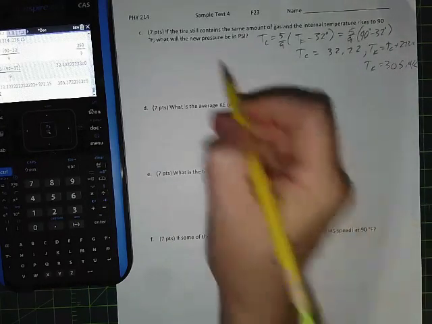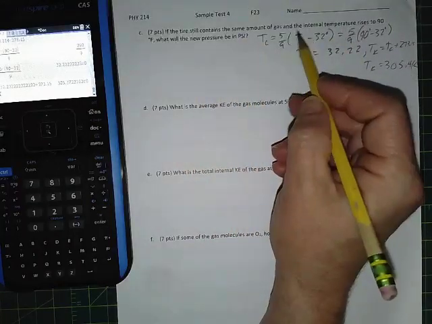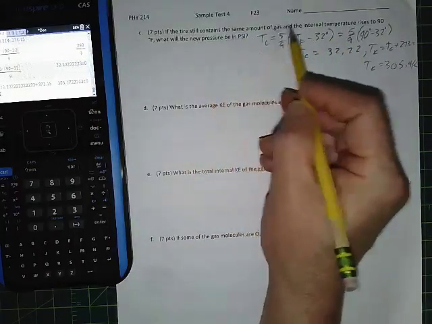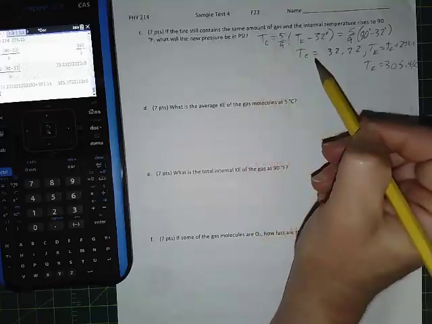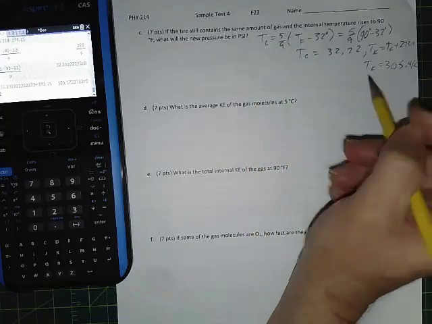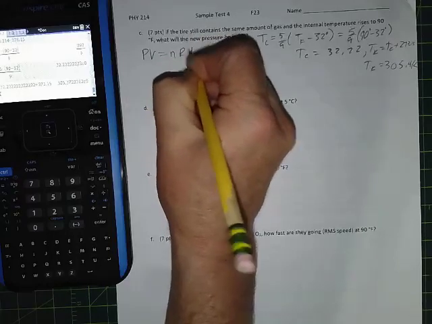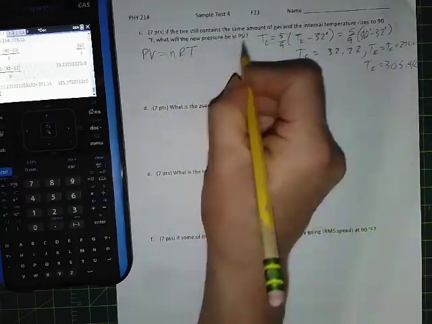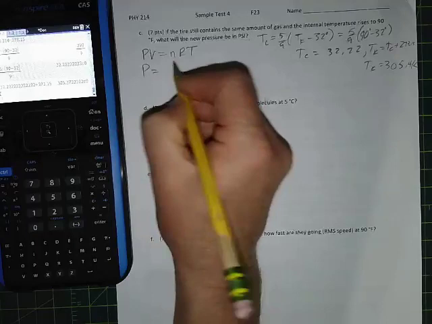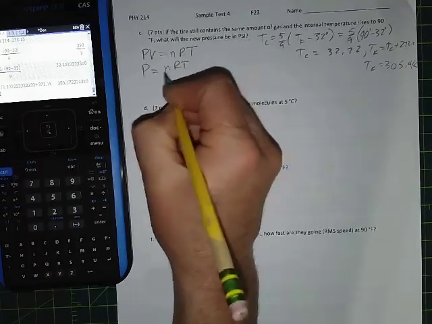Okay, so we've got T, we want P, we've got the number of moles. So this is again ideal gas law. So PV equals nRT. And we're looking for P now. So we got P equals nRT over V.